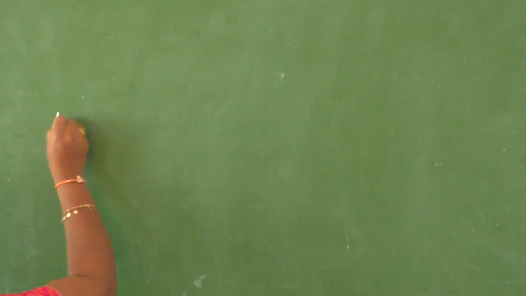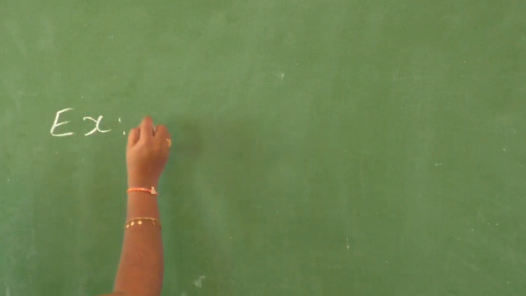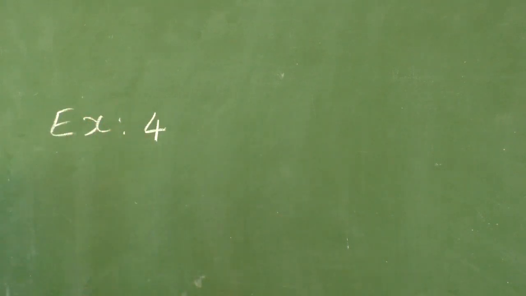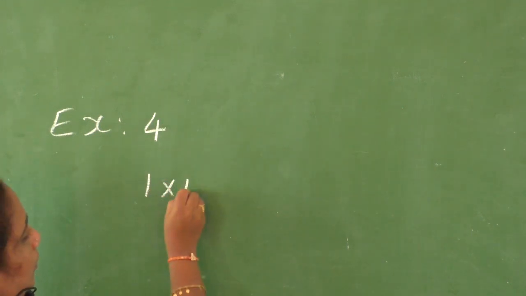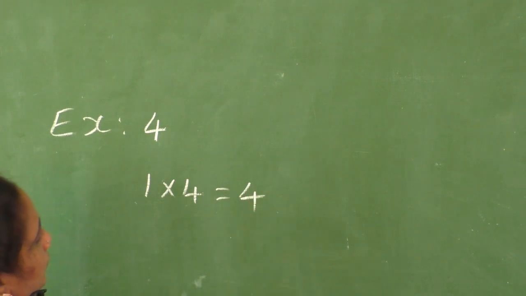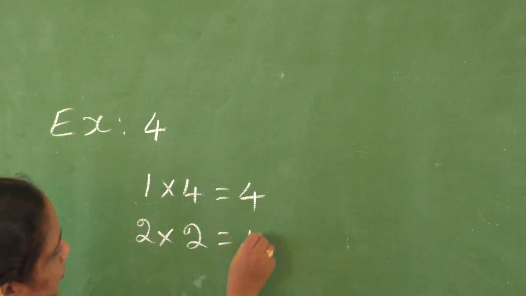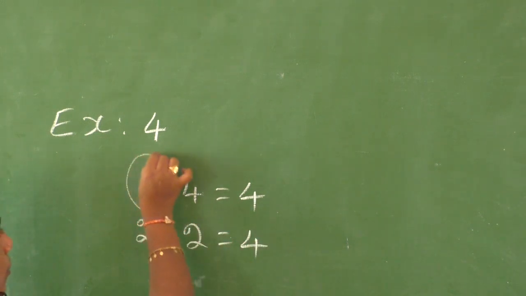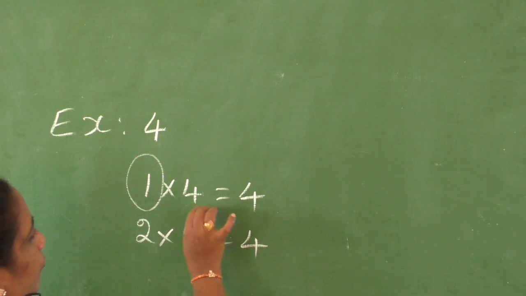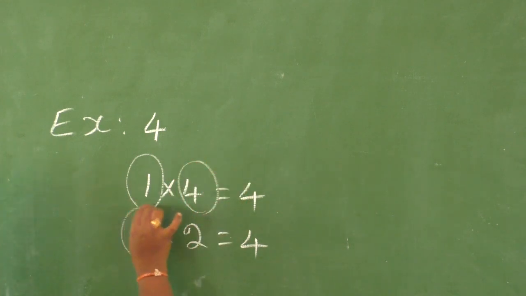For example, I am taking the number 4. What are the factors of 4? 2 2s are 4. So what are the factors? 1 is a factor, 4 also a factor, 2 also a factor.